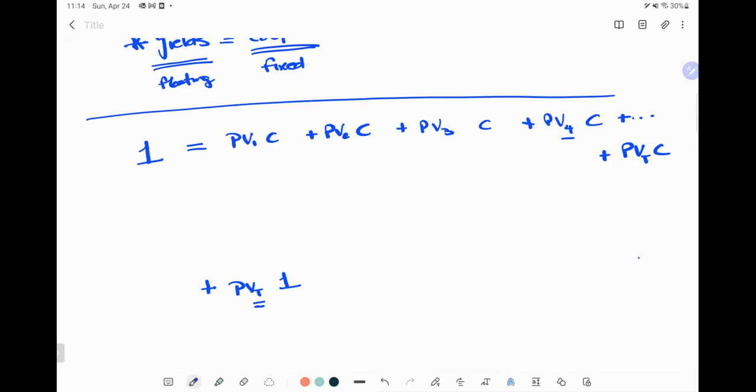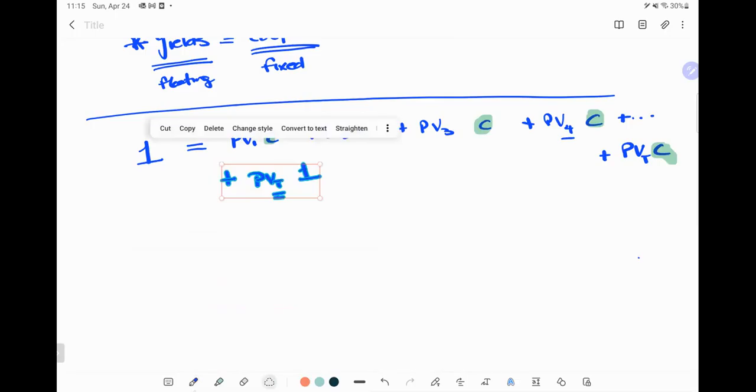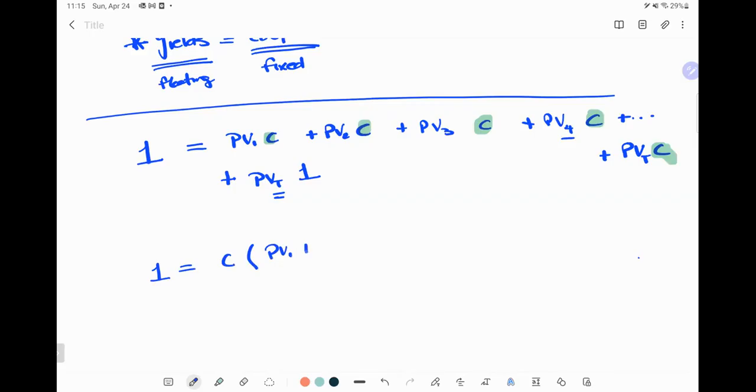So once we have that, then we can factor out, because we see that this C in all of these cases is the same, so we can factor it out. And then we can simplify things and say, well, 1 is going to be the same as C multiplied by PV1 plus PV2 plus PV3 plus ... plus PVT.